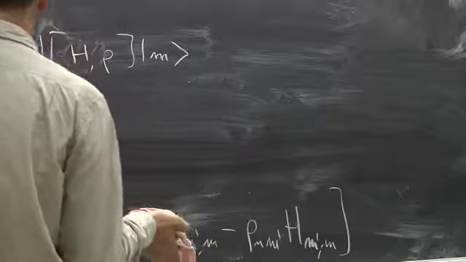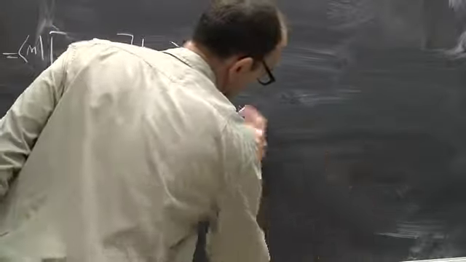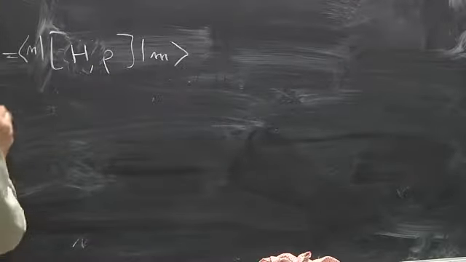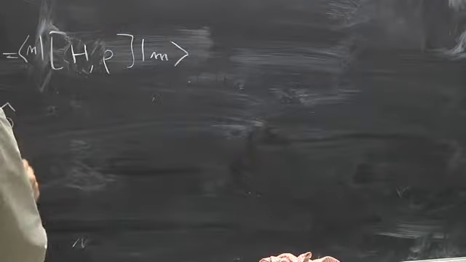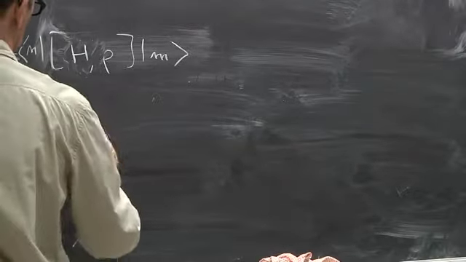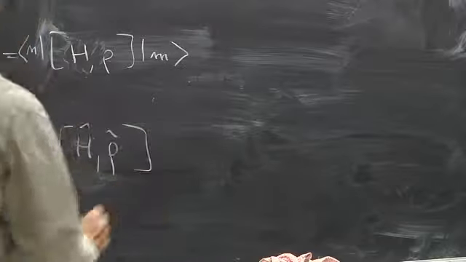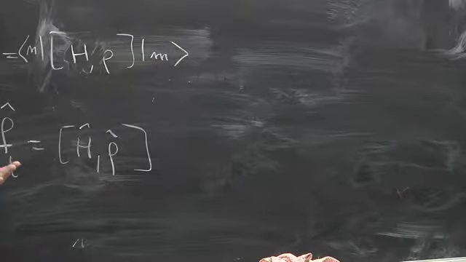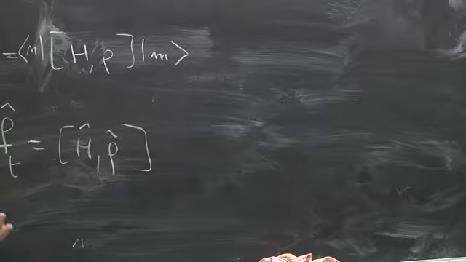So this is a quite important result because it tells you that i h bar d rho dt is equal to the commutator of h and rho. And this is exactly the same expression as, this is the quantum form of the Liouville theorem. If you remember, we discussed the Liouville theorem when we were discussing classical systems.